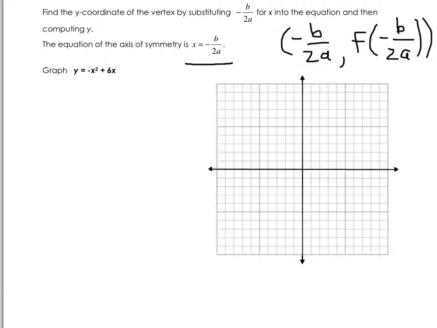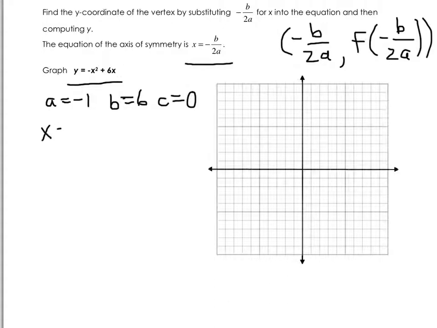So let's begin this problem graphing y equals negative x squared plus 6x. Let's begin by figuring out where the axis of symmetry and the vertex are. So we have a is negative 1, b is 6, and c is 0. There's no number out there.